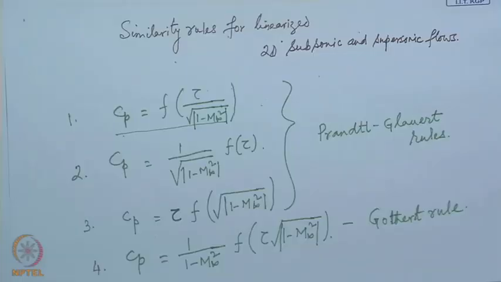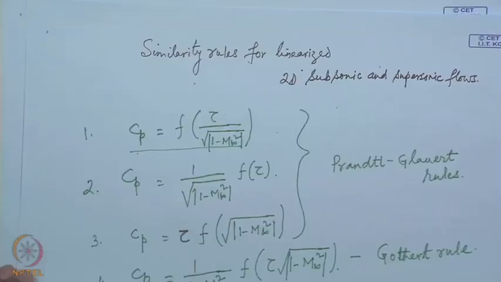We must remember that these similarity rules, which are valid for linearized 2D subsonic and supersonic flows, become less accurate as we approach the transonic range or the hypersonic range, since in both cases, that is in transonic flow as well as in hypersonic flow, the linearized form of the equation is not valid.